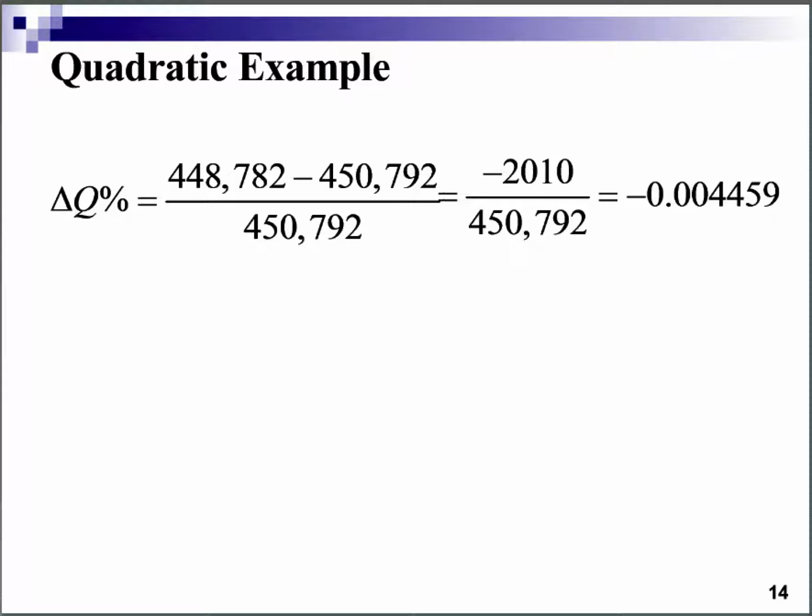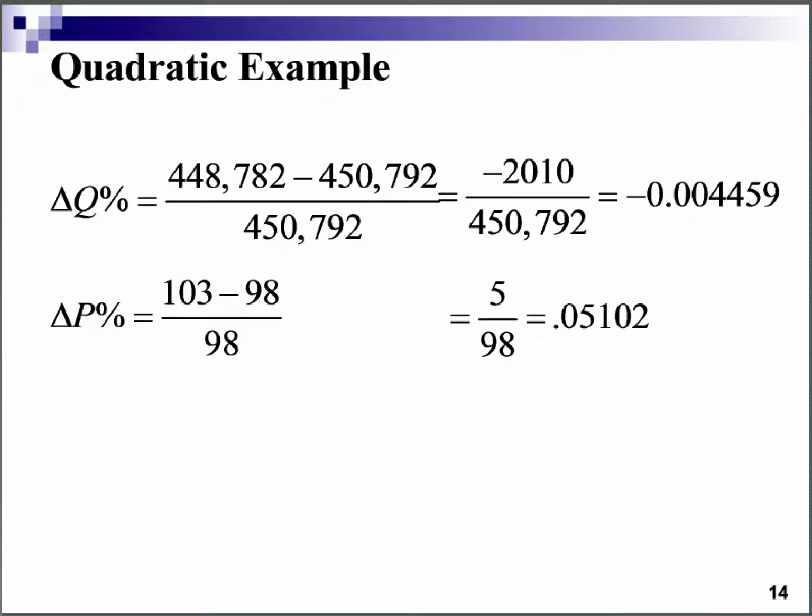But what we want to do here is compare that to what the price increase was, so we can look at the ratio. So the negative value, as before, tells us about the fact that we have a decrease in demand. When we look at the percent change in the price, however, since the price is going up, the new value of 103 minus the original value of 98 is larger, so therefore we end up with a positive value for the percent change in the price.